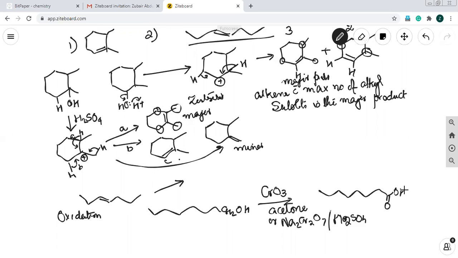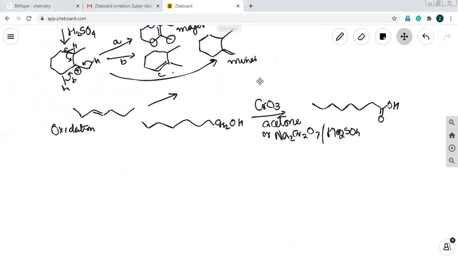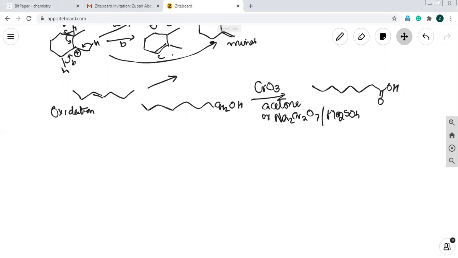Corresponding acid will be formed. Okay. You will get the corresponding acid. So this is a primary alcohol.